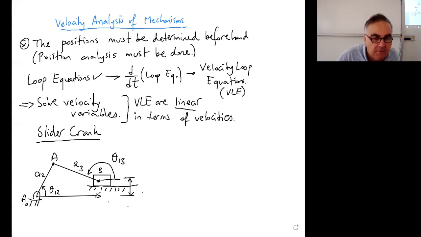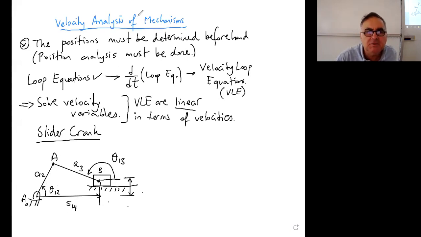So we have S14, which is the position of the slider. Theta 12 is the angular position of the crank, and AB is the connecting rod.